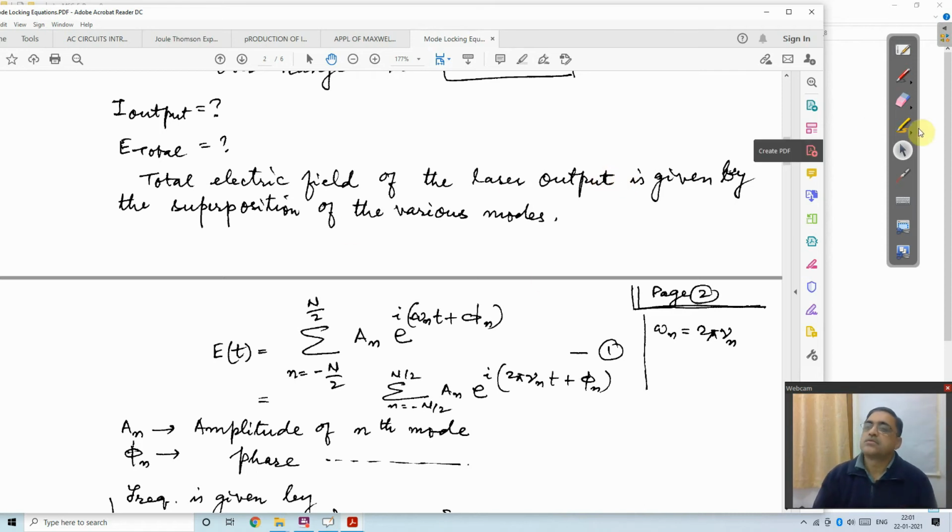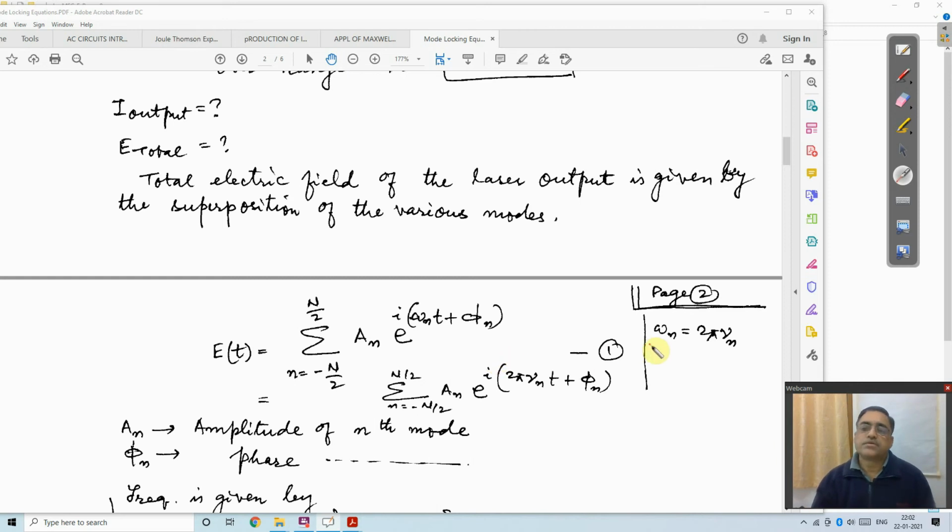Here A n is the amplitude of the individual wavelet, omega n is the frequency in the time domain argument, and phi n is the initial phase of that particular mode.